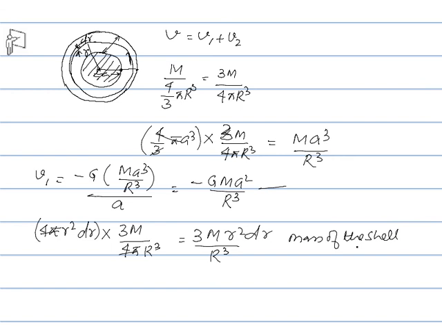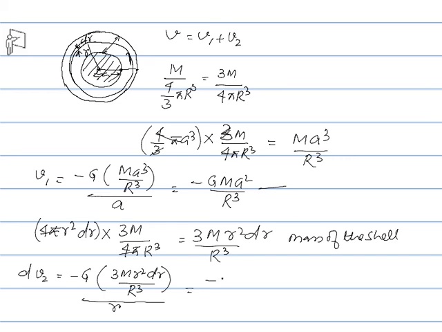Now we know that the potential at a point inside a shell, let it be dV2, is minus G, mass of the shell, which is 3m r square dr by r cube, by the radius of this shell r.